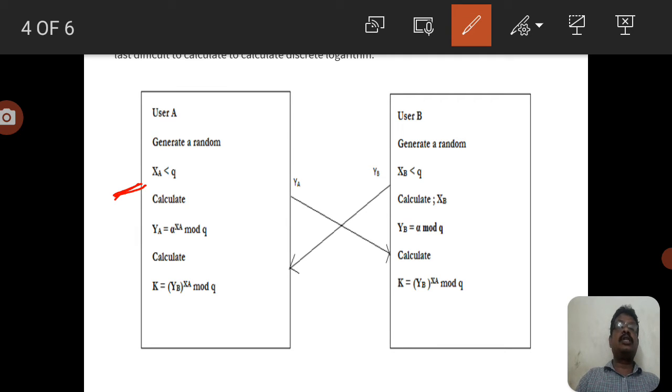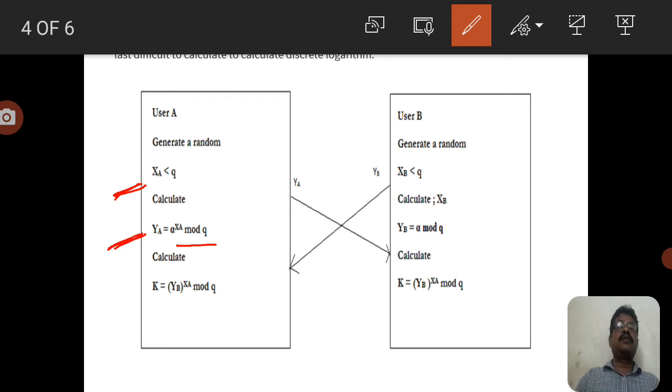User A selects a random integer XA, which is less than Q, and he calculates the YA value. How can we calculate the YA value? With the help of the publicly known numbers, alpha and Q. He computes YA, where YA equals alpha power XA mod Q. YA is a public number and XA is the private number.